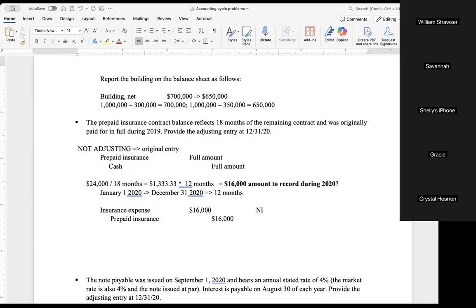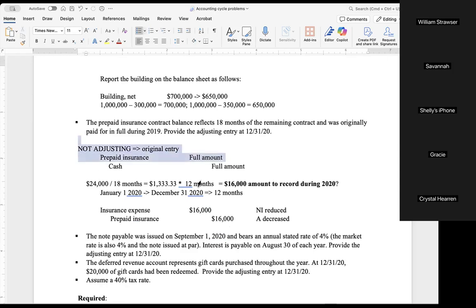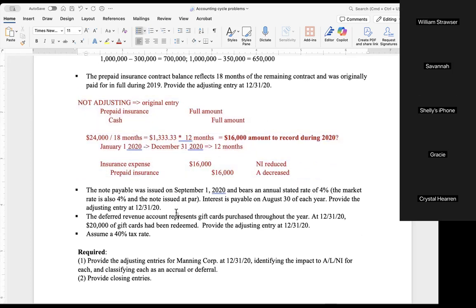Expenses reduce net income. And if I credit the prepaid insurance, it's an asset, so it'll reduce assets. Good.